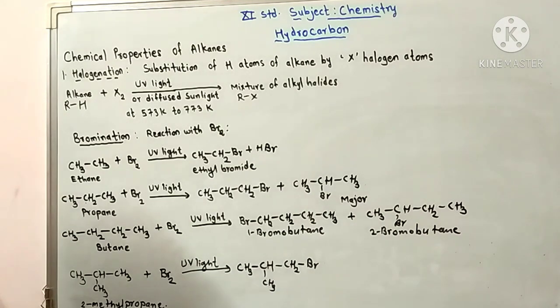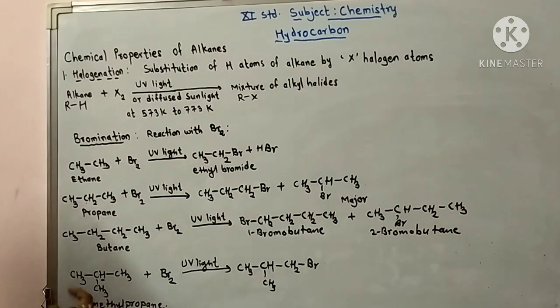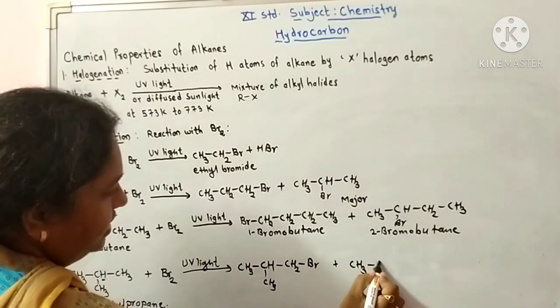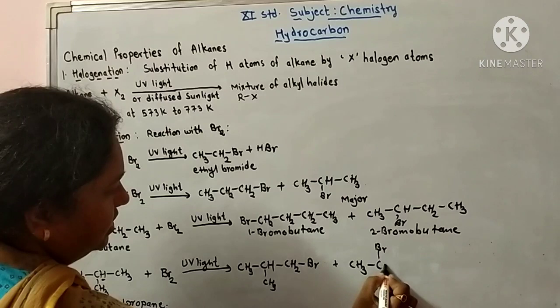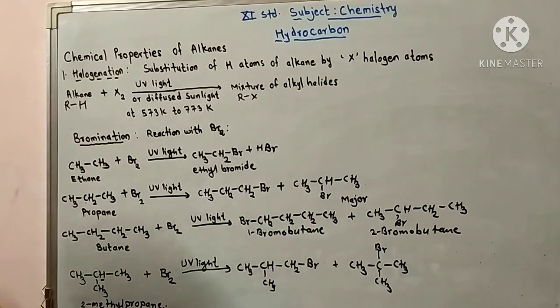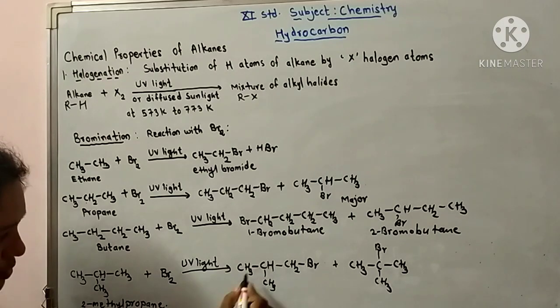If the hydrogen is replaced from the second carbon, then we get the product CH3CBrCH3CH3. So a mixture of two products is obtained.